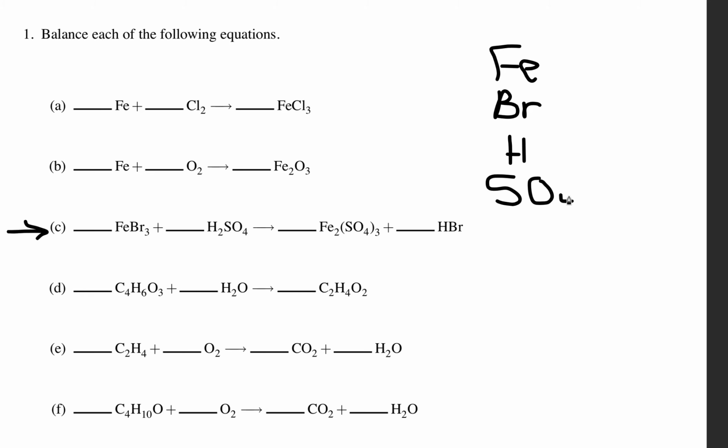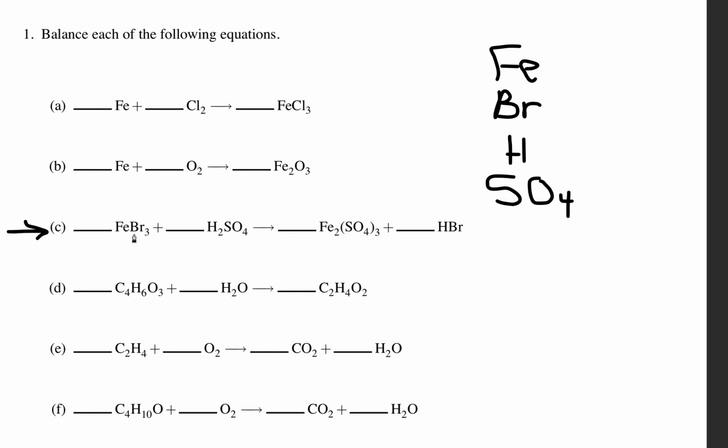So instead of doing sulfur and oxygen separated, I'm going to do sulfur and oxygen together as sulfate, because that'll make it much easier to balance. And you'll be able to use your polyatomic ion sheet on your assessment, so always be looking for those, because it's much easier to balance an equation when you keep the polyatomic ions together instead of separated, okay?